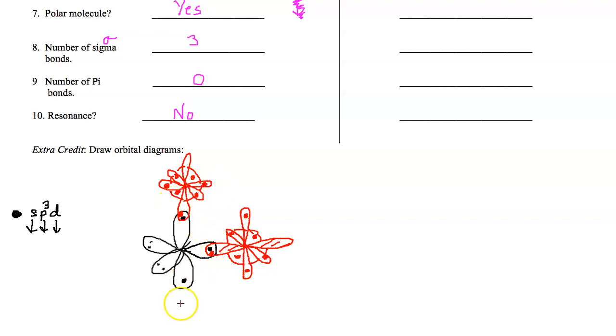Then another one down here. Draw my s, unhybridized. There's 1, 2, 3, 4, 5, 6, and 7. And there it is in all of its glory, sp3d, and there's 5 of those. I'd write them in there if I could, but it's too small. All right, let's move on to the next one.